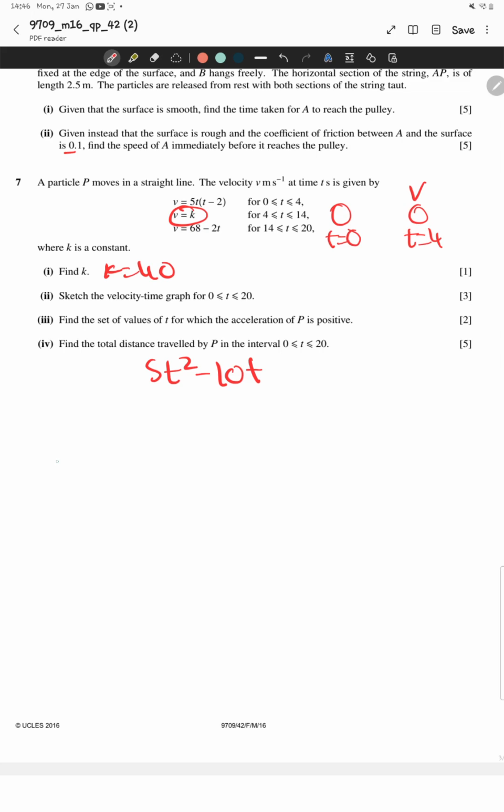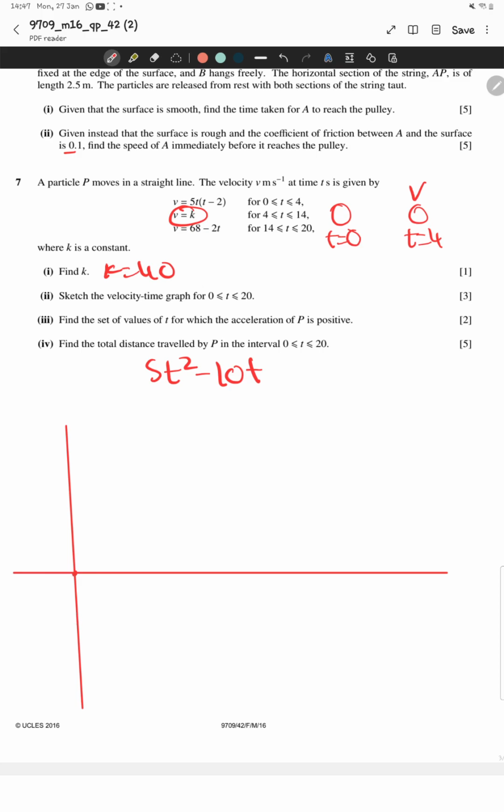So let me just make this, and this will not be the best graph, but it's just a way to represent it. So it will be a graph like this, right? Yeah, okay. So we can find the velocity at 0 by just inputting 0 into this. It will be 0, right?